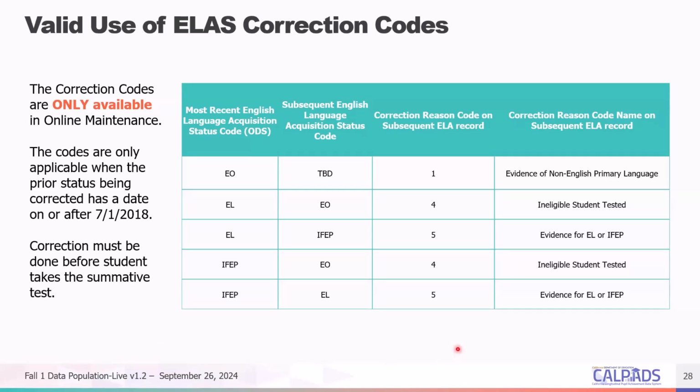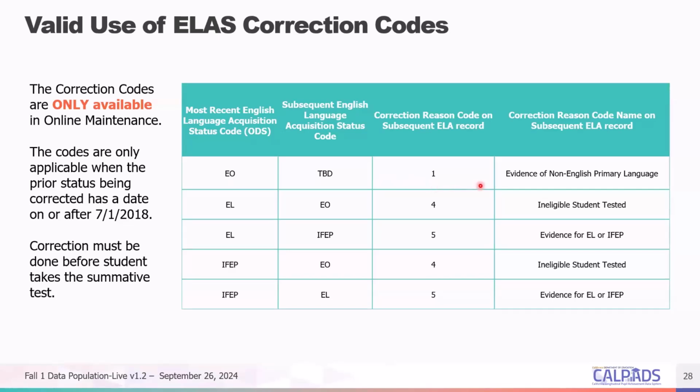All right, so correction reason code 1, that's in the first row of the table here, is evidence of non-English primary language, and it should only be used from transitions from EO to TBD. And if we look at the definition, that does make sense, right? EO means English only, and this status is given to folks whose home language survey says that English is the sole or primary language spoken at home.